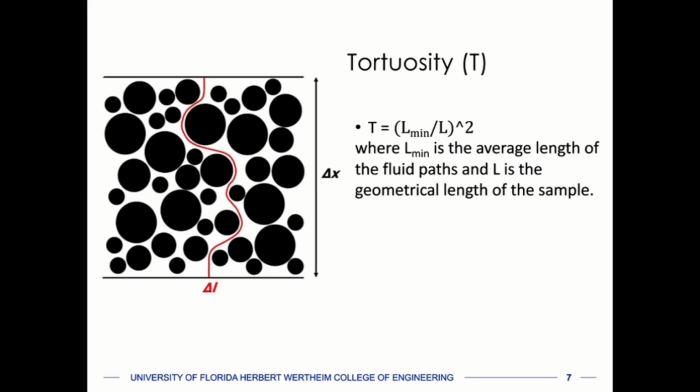And in the formula, tortuosity can be expressed as L mean divided by L. The L mean here is the real path for the fluid, and L is the shortest path from one side to the other side. Intuitively, the shortest path will be a straight line.